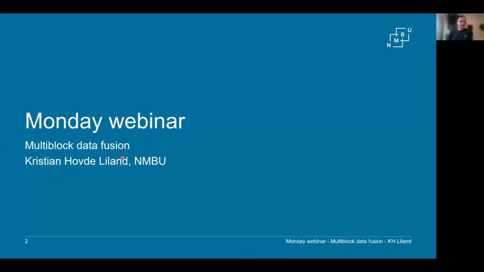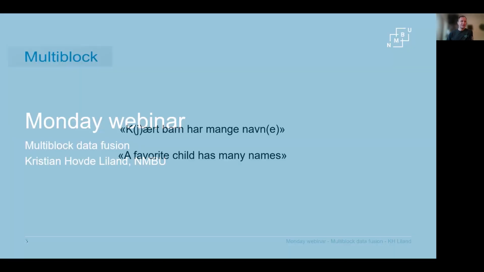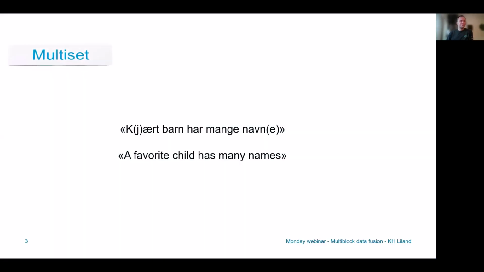This term multiblock data fusion, I will try to give a little bit of definition, but there are many names in the business. So basically it's called data fusion, it's called multiset, it's called multiview, and of course multiblock. The names are used a little bit differently from field to field. They overlap greatly.